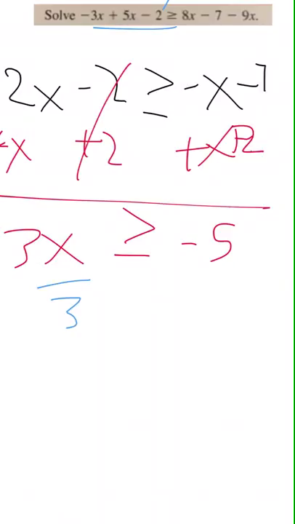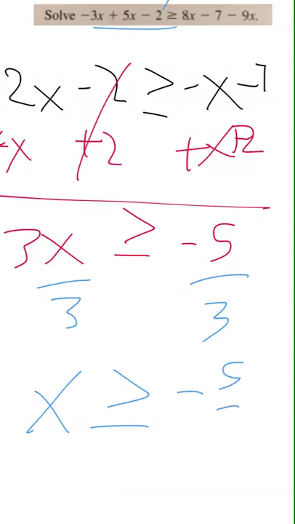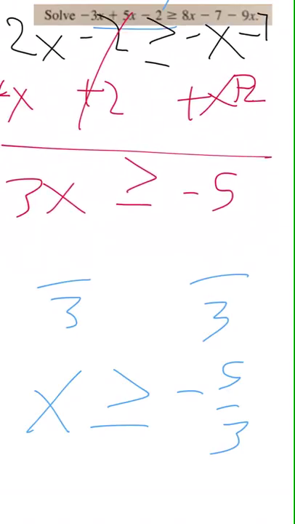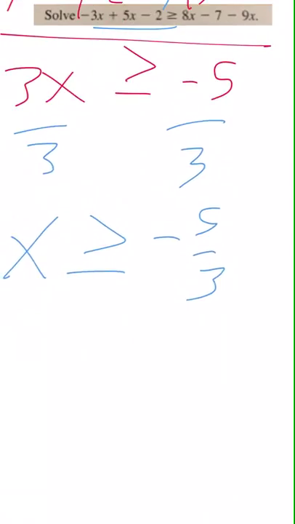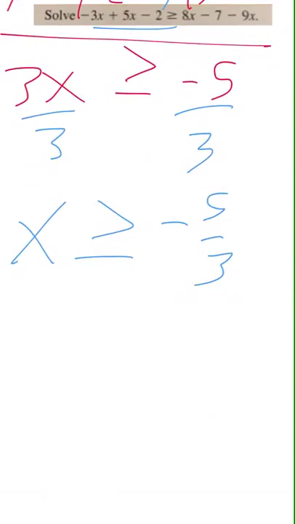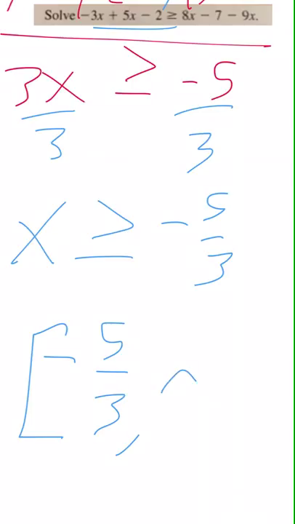So if we divide by 3, that tells us that x is greater than or equal to negative 5/3. So since it didn't say graph, we just need to write our solution set. It'd be with a bracket since it can be equal to negative 5/3. It'd be for all the numbers from negative 5/3 to infinity.